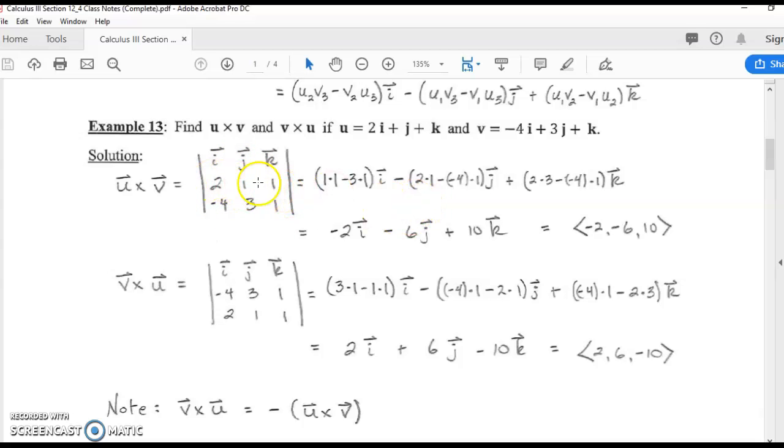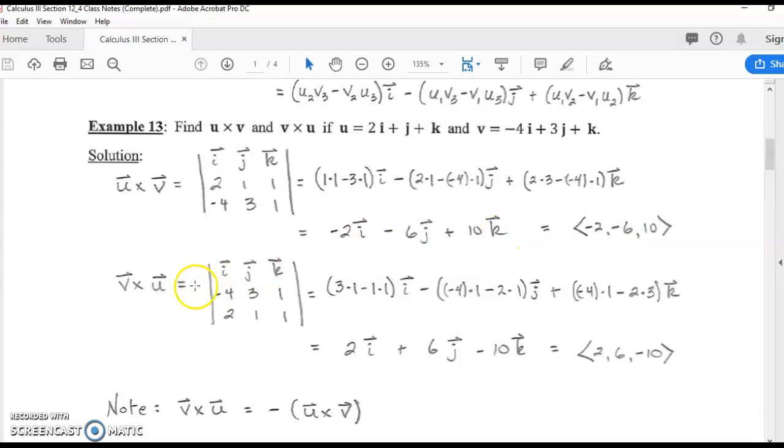So it's 2 times 1 is 2 minus minus 4 times 1. So 2 minus a minus 4 is 6. But with a minus sign in front of it, it becomes minus 6. And then for the k, it's this 2 by 2. 2, 1, minus 4, 3. So 6 minus a minus 4 is 10. So that's plus 10k. Or in component form, we could write it with triangular braces as minus 2, minus 6, 10.